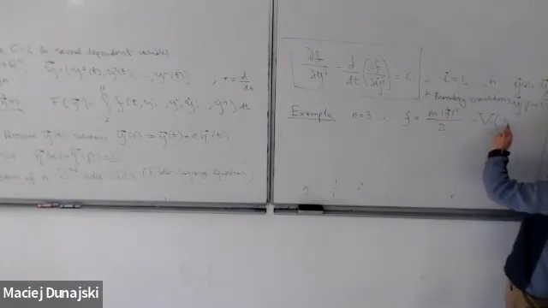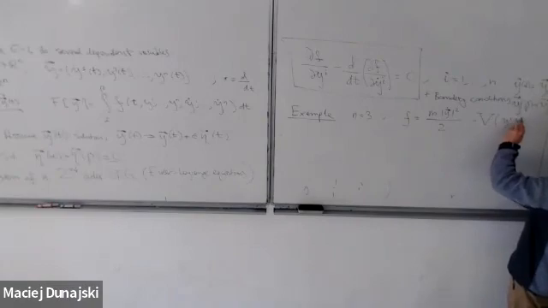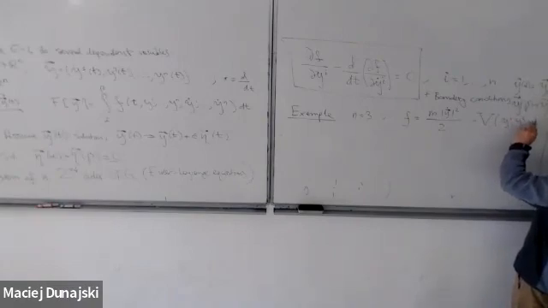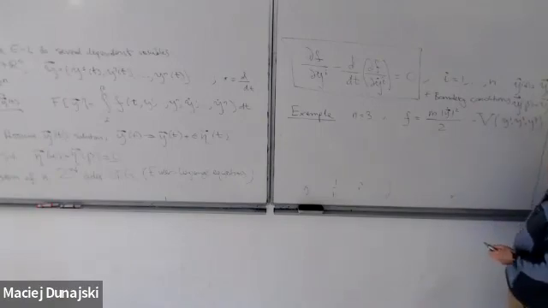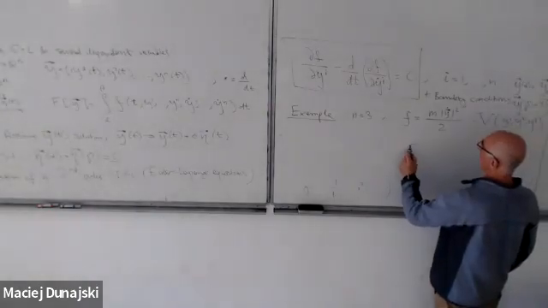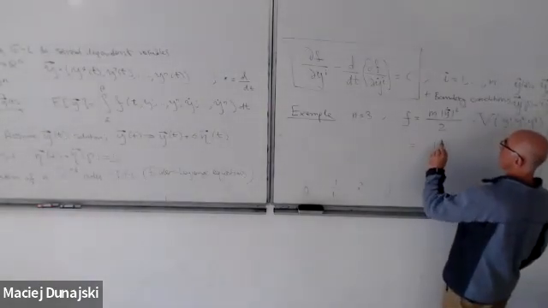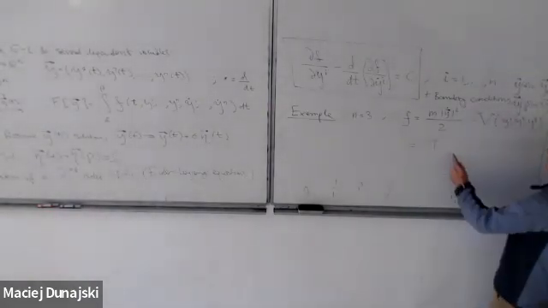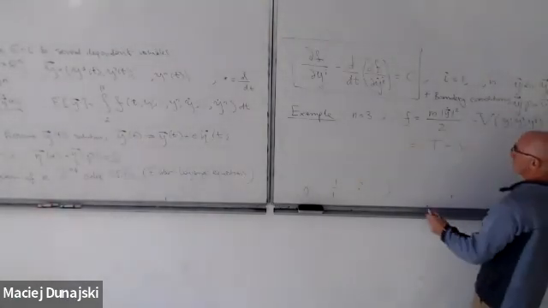So it depends on y1, y2, y3. And this is called the Lagrangian, and in mechanical terms, it's the difference between the kinetic energy and the potential energy.